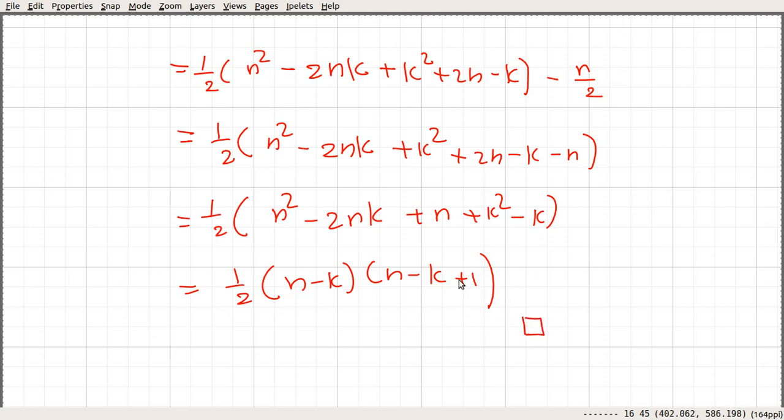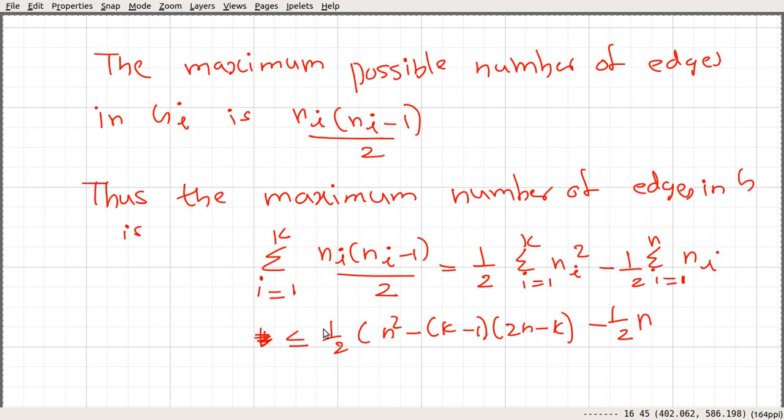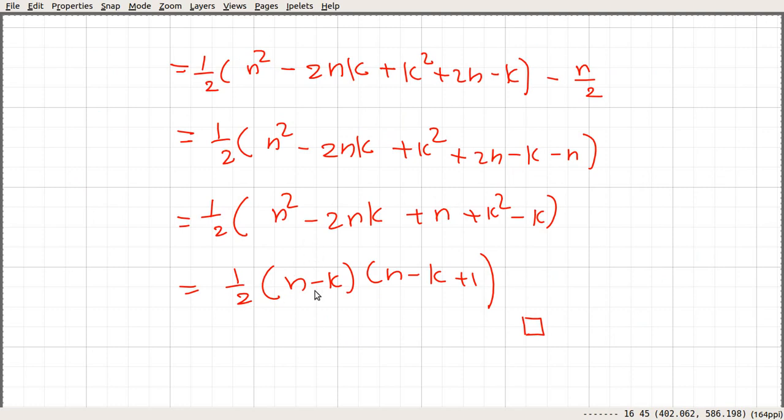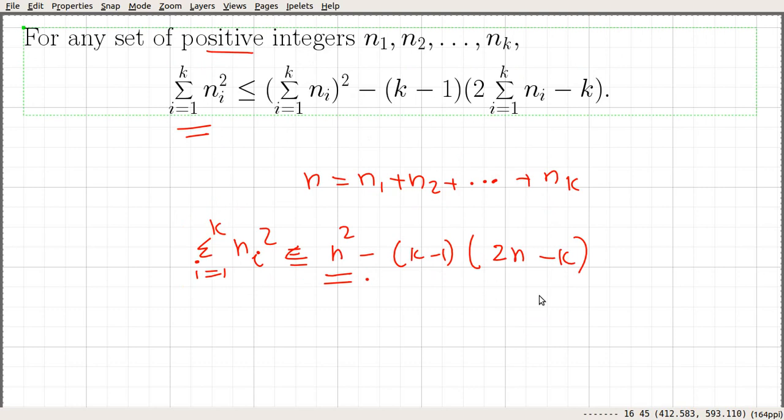So that gives the upper bound. Following the inequality, we can see that the upper bound is 1 by 2 times n minus k into n minus k plus 1 divided by 2. Anyway, that's the proof, and let's go and prove this inequality.